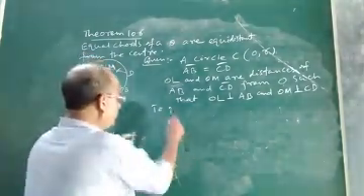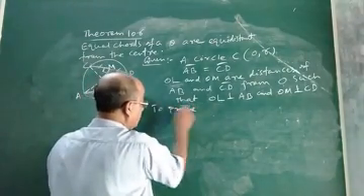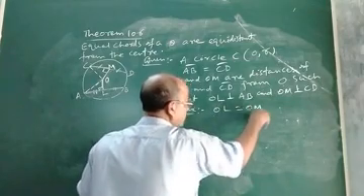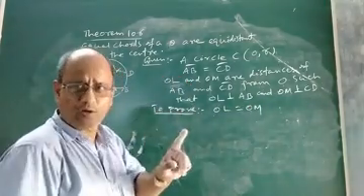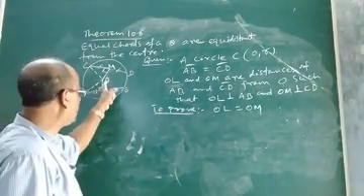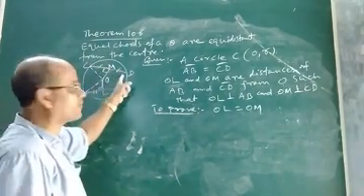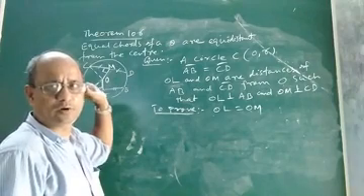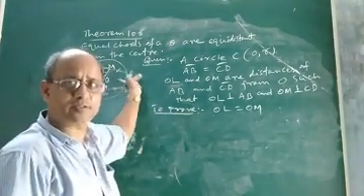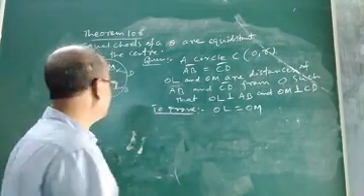How will you prove that OL equals OM? That means the distance of chord AB from O is equal to the distance of chord CD from O. How to prove it?